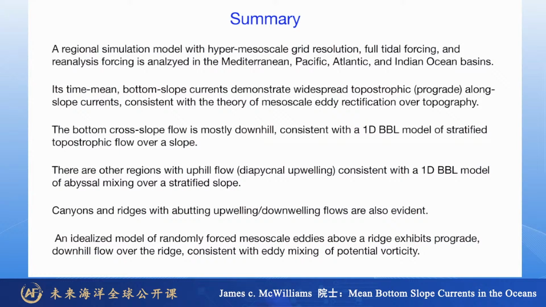And an idealized model of 3-dimensional baroclinic randomly forced mesoscale eddies above a ridge exhibits prograde downhill flow over the ridge consistent with the conception of eddy mixing of potential vorticity.